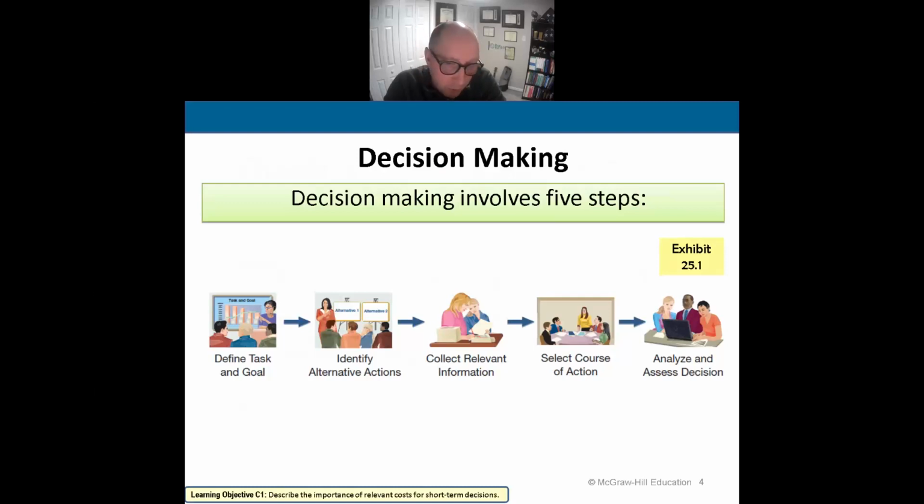Well, I could go with option 1, or option 2, or option 3. Sometimes there's more than 3. I collect the important information in the decision-making process, like the cost. I select one of the alternative courses of action, and then I analyze that decision. I do what we call an after-the-fact analysis.